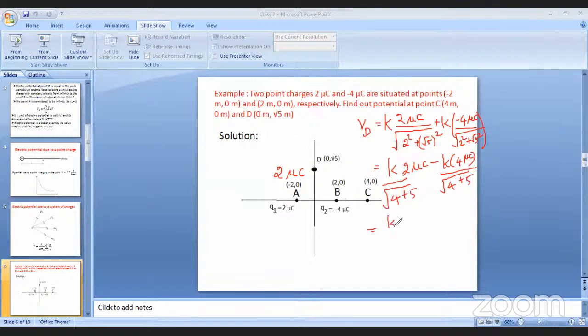So you can take K by 3 as common. Within the bracket, 2 microcoulomb minus 4 microcoulomb, so that will be K by 3 into minus 2 microcoulomb.